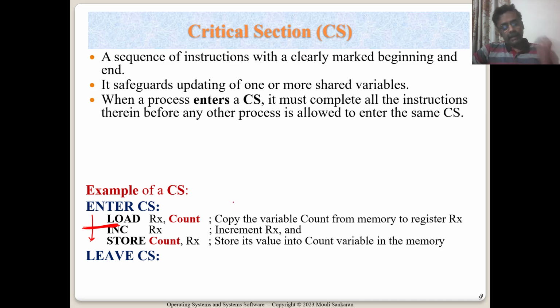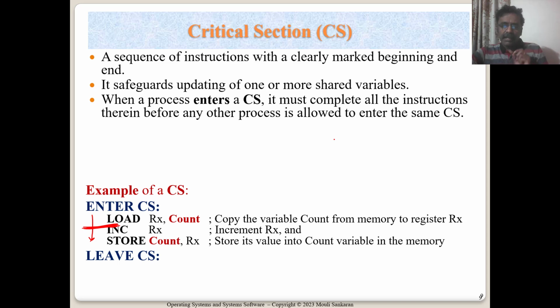And you don't allow some other customer also to enter the locker room, to make sure that the person operating his or her own locker is safe. So the bank manager or somebody makes sure that only one enters the locker, but you cannot go and sit and sleep there, right? You have to come out immediately, so that as fast as possible the other customer can enter the critical section. So what are the important things to remember here?